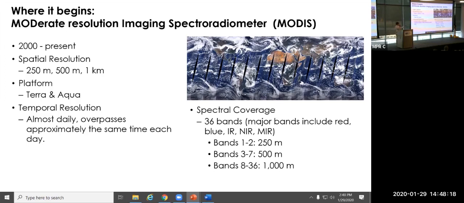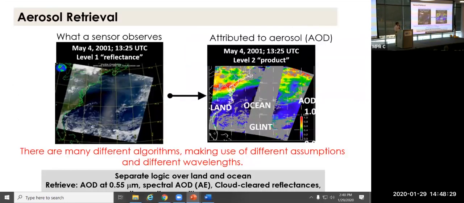This is 1 day's worth of measurements. It orbits every day, and it gets almost everywhere on the globe each day, but there are gaps, and we do our best to work with that. We have different retrievals. I happen to be the PI, the lead of one of these algorithms that we call Dark Target, but there are many other algorithms from different groups that maybe use different wavelengths, different ideas, and slightly different physics, and maybe work better over one surface or another.